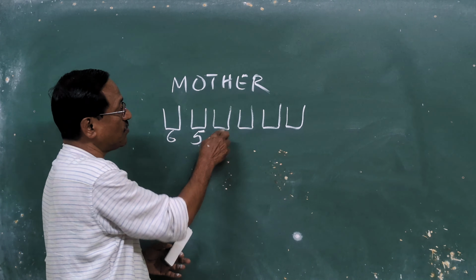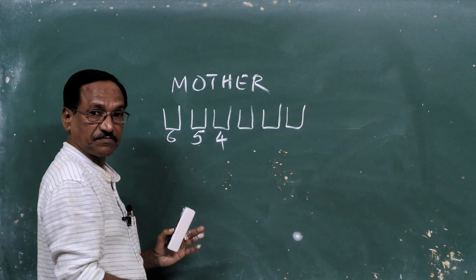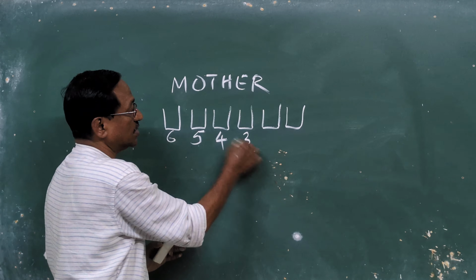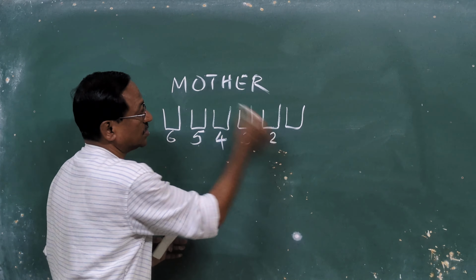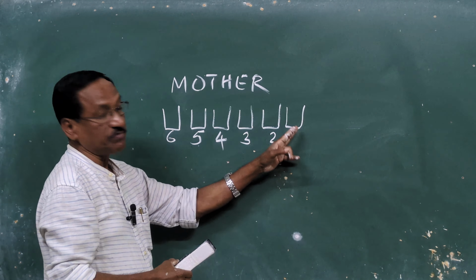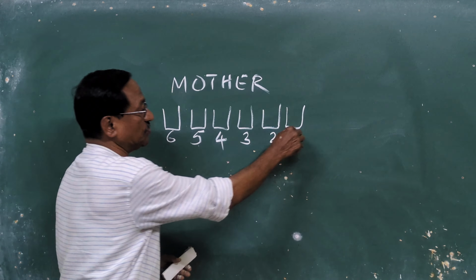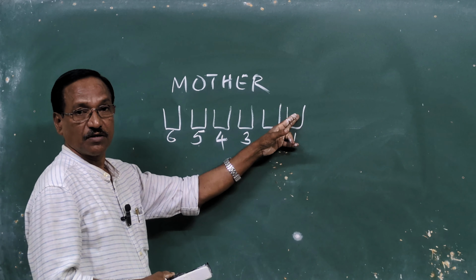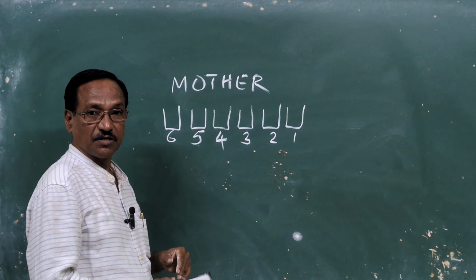So the letter for the third box has only 4 choices. Continuing in this way, here there are 3 choices, here there are 2 choices, and when we come to the last box, there is only 1 choice. We will be left with only 1 letter.